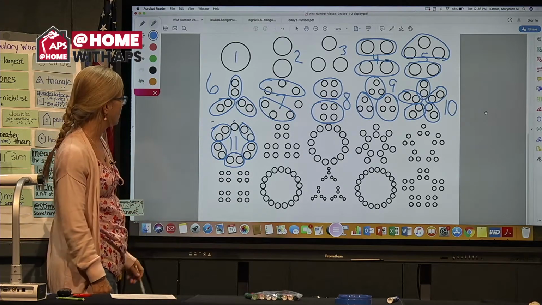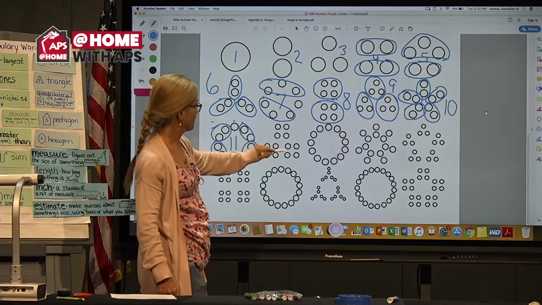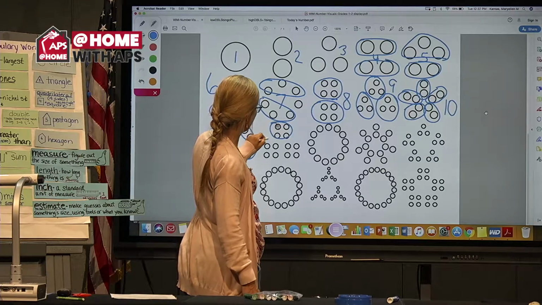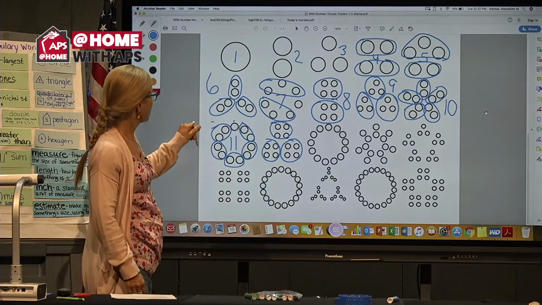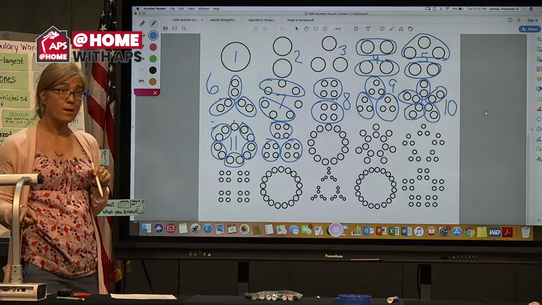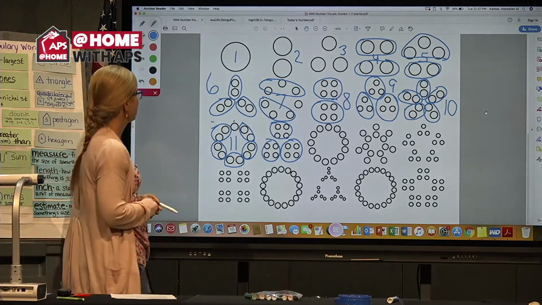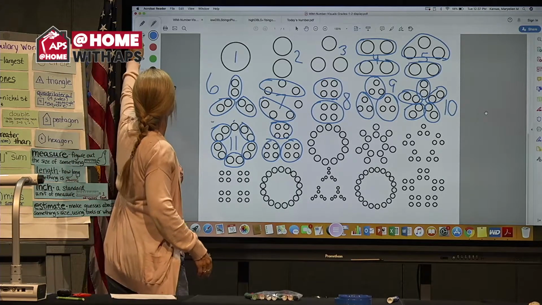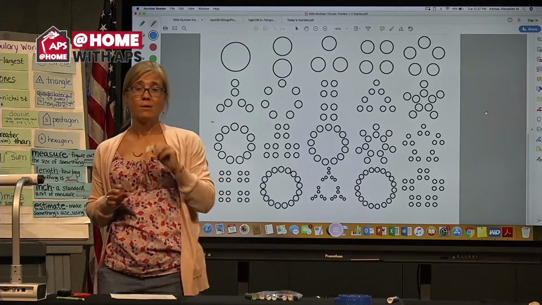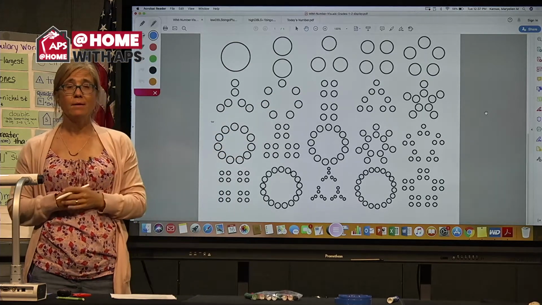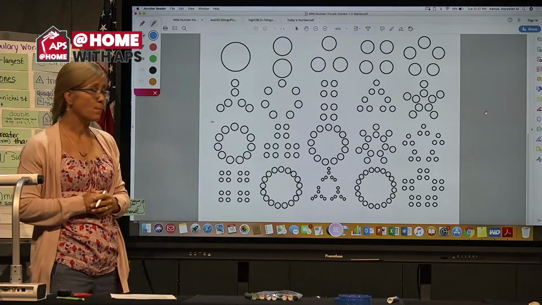What about the 12? We see that nice 4 again, right? 4 and 4 and 4. So we're going to stop there with this because I have one other thing that we're going to look at. But I just want you to know that, like I said, this is on the website. You can download it. You can color in with a crayon or a colored pencil or something.